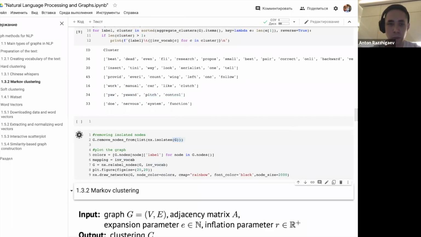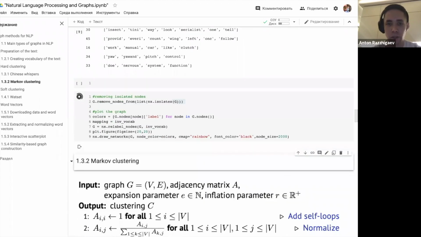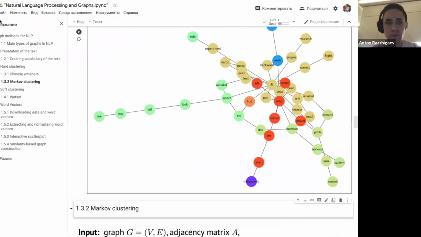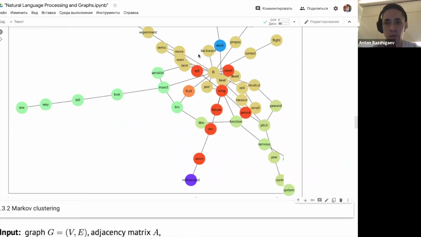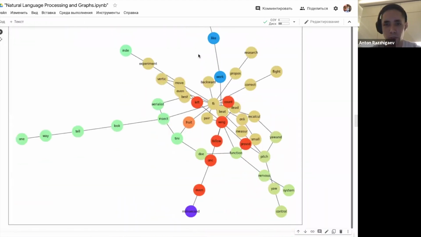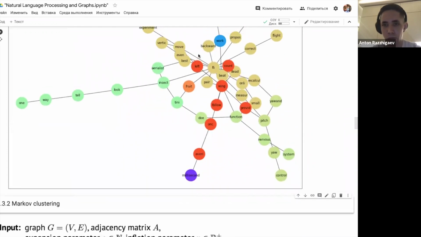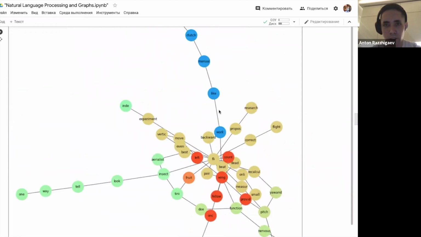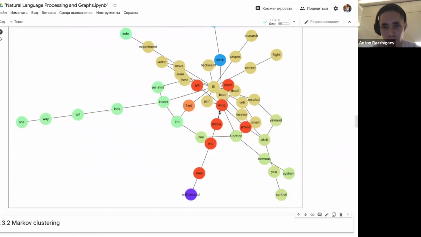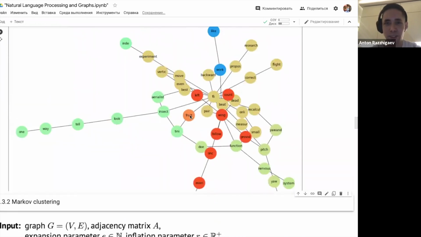And also we can plot this graph and see what happens. Well, not very clear, but some structure definitely is there. Here is the word fly, our insect, which was spoiled by the stemmer, so it looks like flea, but it is fly. And it is in the center of our graph.